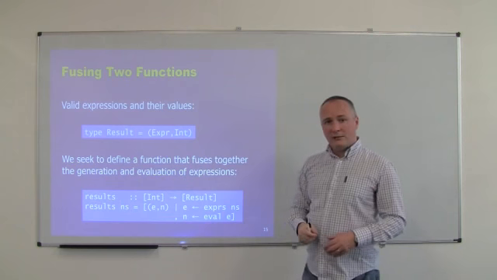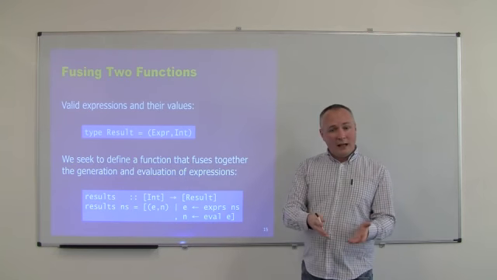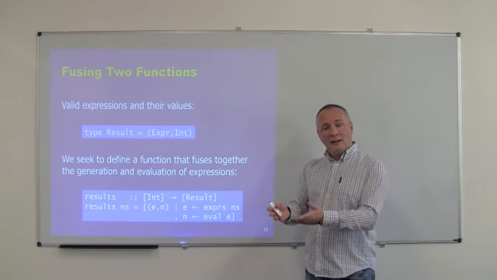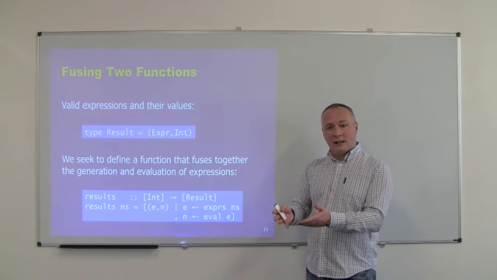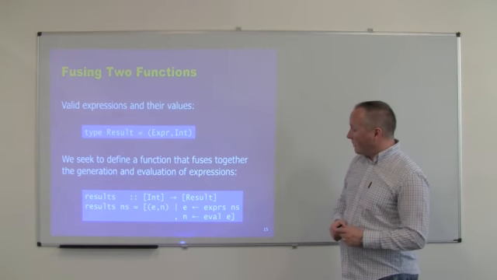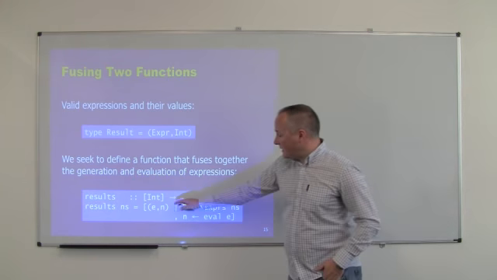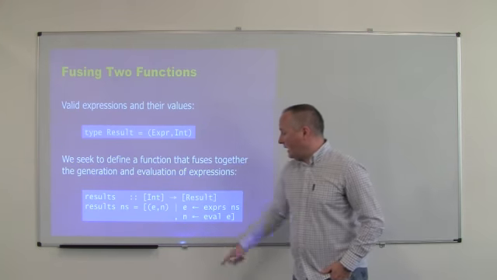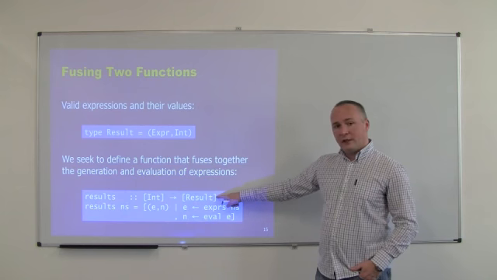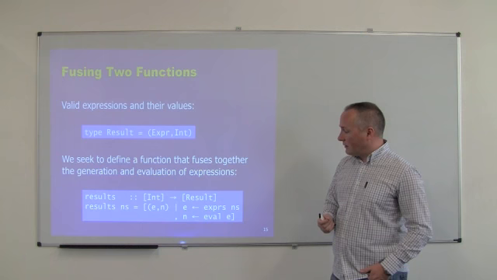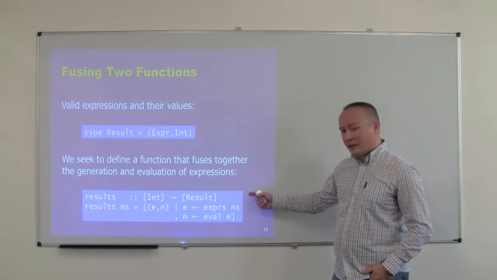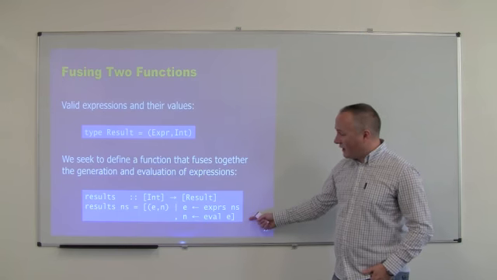So a result is simply packaging up an expression which is okay, doesn't fail, with its value alongside it. Then we'd like to define a function called results, which takes a list of numbers and builds all possible results over those numbers. We want it to do some kind of fusion, in the sense that it should satisfy this specification here.